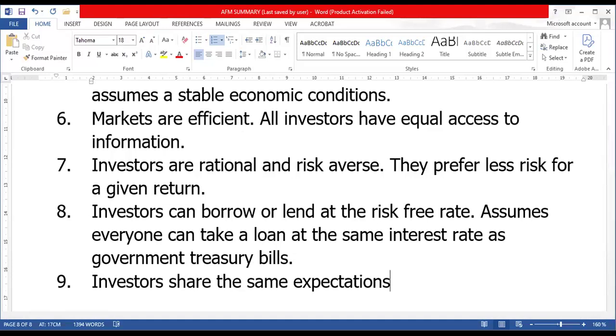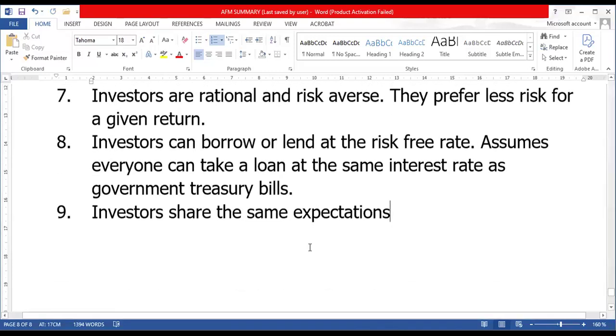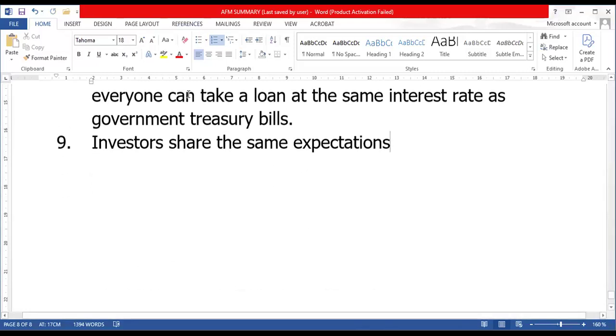Expectations like what? Everyone forecasts the same risk, the returns, or the correlations. All right, those are some of the points.